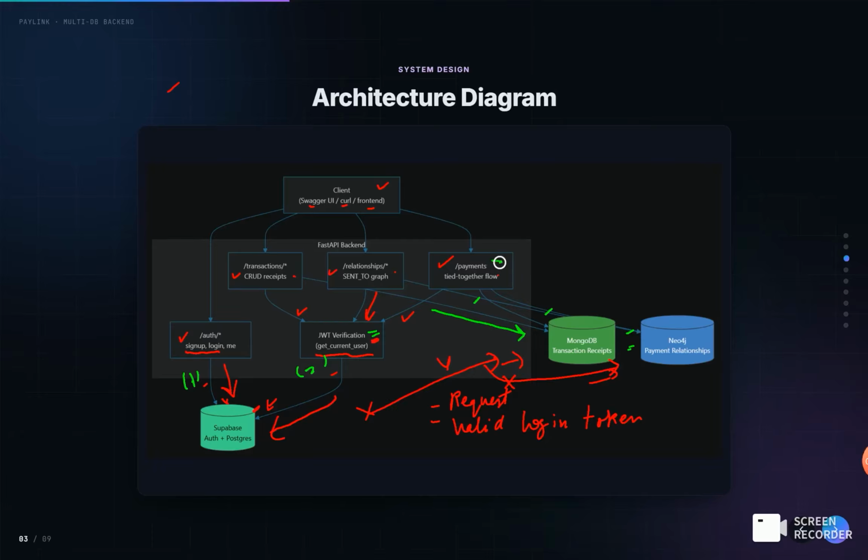And there is this payments-only box. Now this box has two arrows. One goes to MongoDB, and the other one goes to Neo4j.